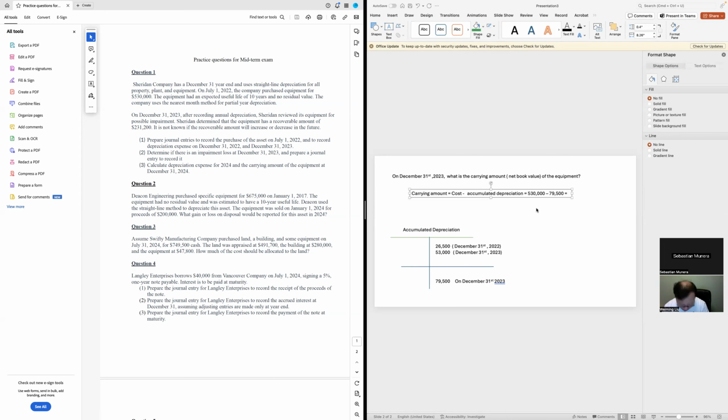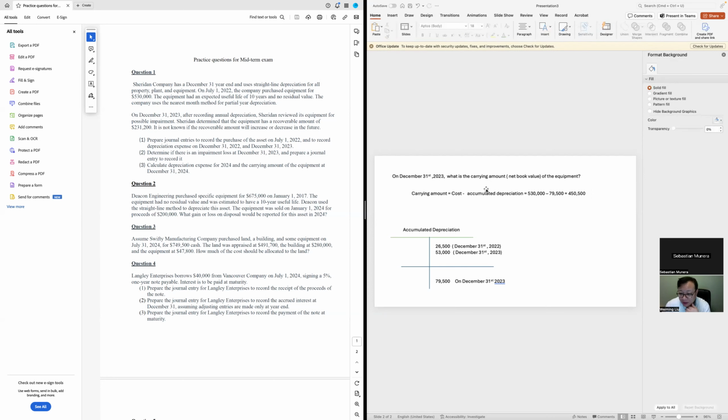So the difference between these two numbers, 530,000 minus 79,500, what I got is 450,500. Is that correct? Yes. Okay, so this is the value of the asset from the company's perspective. But in this question, it told us that on December 31st, 2023, they reviewed the equipment for possible impairment.